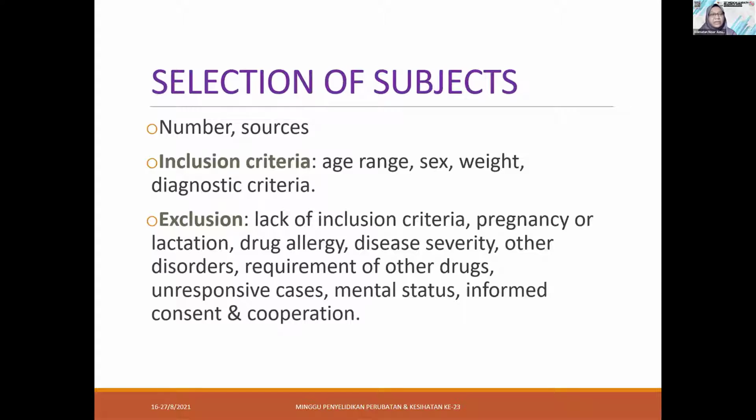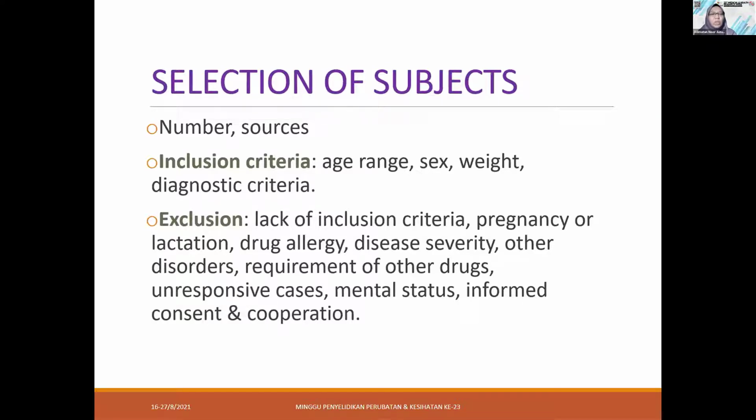Selection of subjects: we need to look at the numbers and also the sources. Just now I mentioned the inclusion and exclusion criteria. So what inclusion criteria do we want to put in, to determine our sample? There are many inclusion criteria and also exclusion criteria. Inclusion criteria by definition are the criteria by which we select the participants, or the sample.